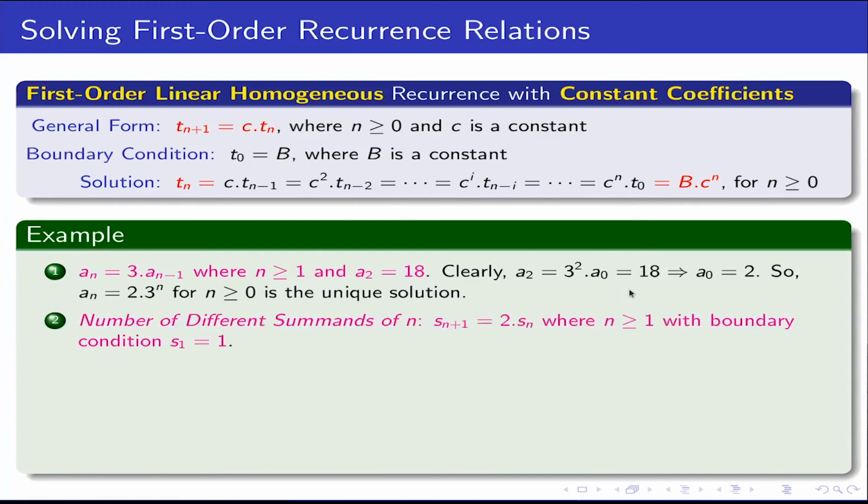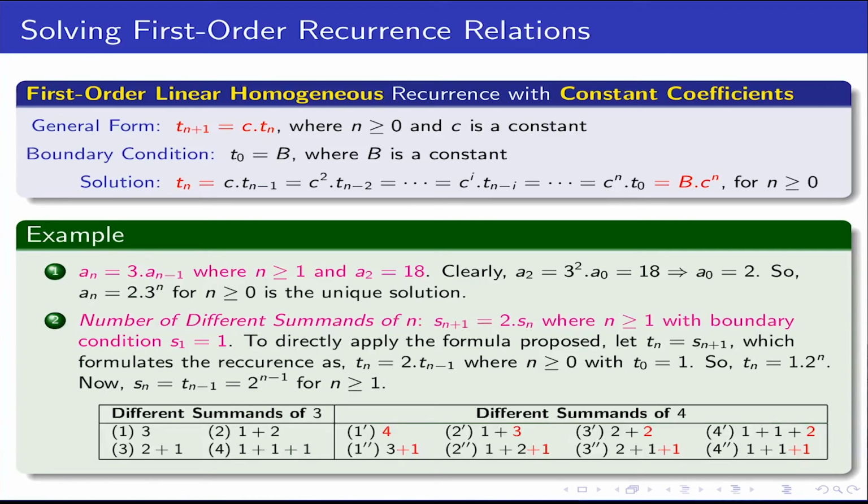Practical problem: how many different summands of n are there? If you remember, in many of the counting lectures we showed you the summands, for example the different summands of 3 become 3, 1 plus 2, 2 plus 1, and so on. When we try to compute the summands of 4, one way would be to add 1 with the last element: 1 plus 3, 2 plus 2, 1 plus 1 plus 2.